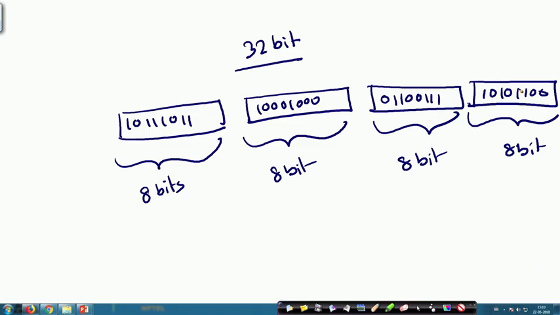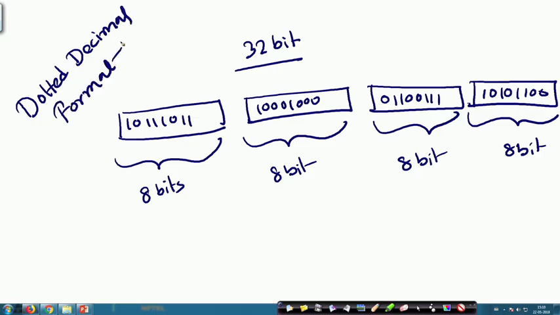Now, in the representation of the IP address, we write it in the dotted decimal format. What is this dotted decimal format?